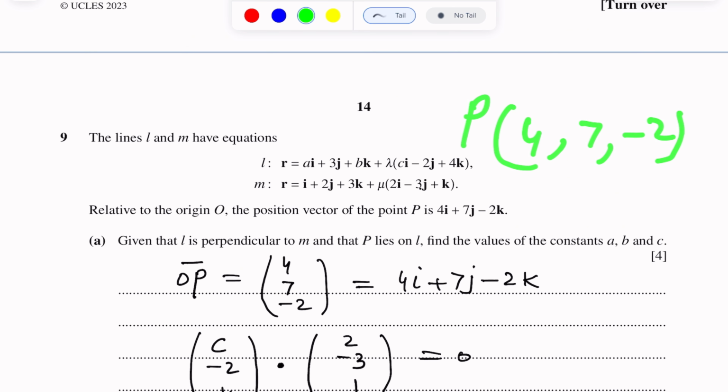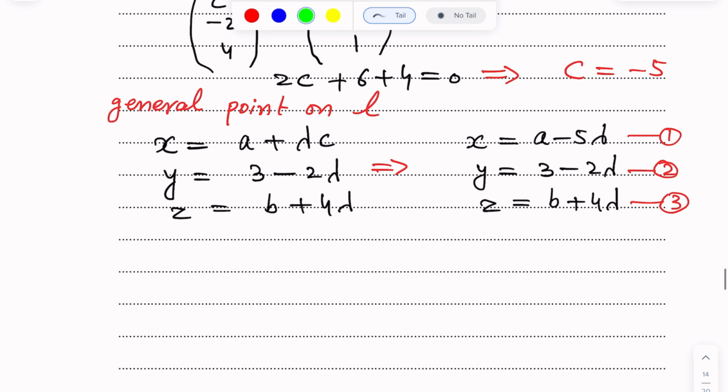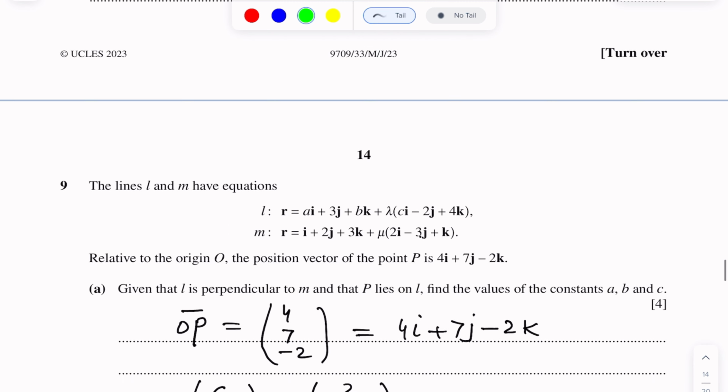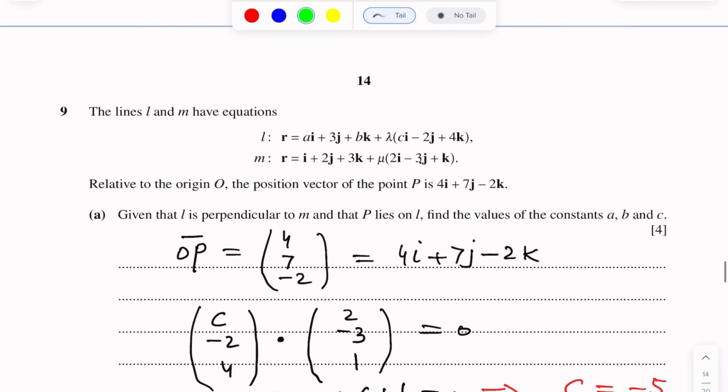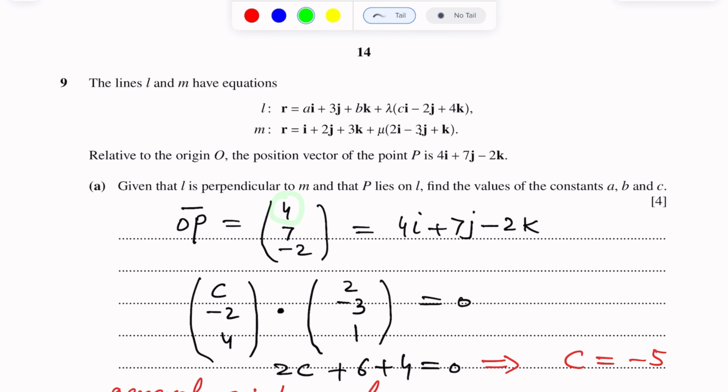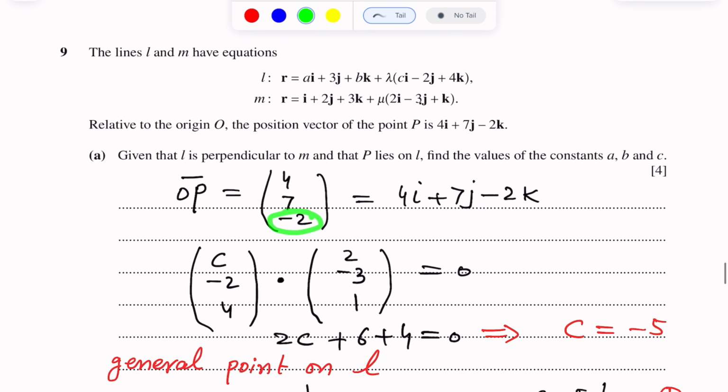These are the coordinates of P. But because P is a general point on the line, the coordinates of a general point on the line are given in terms of lambda, so we can equate these. A minus 5 lambda will be equal to the x coordinate, but the x coordinate of P is 4. So the y coordinate is 7, the z coordinate is minus 2.